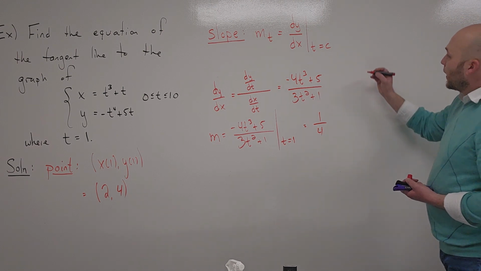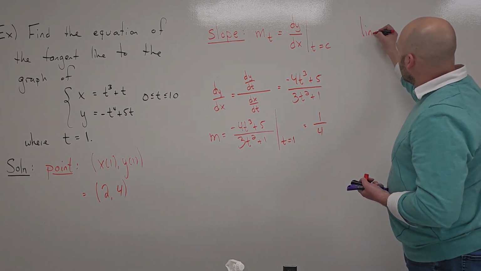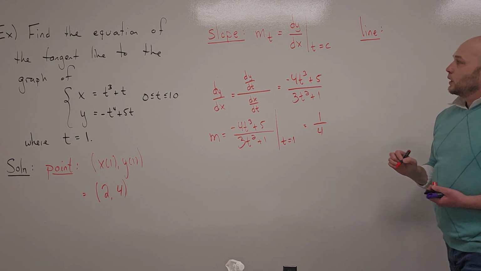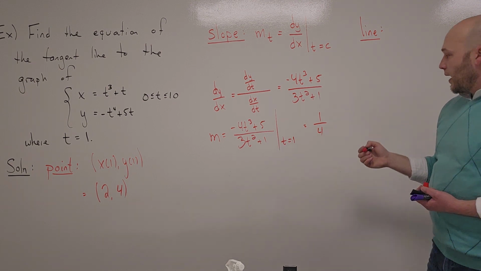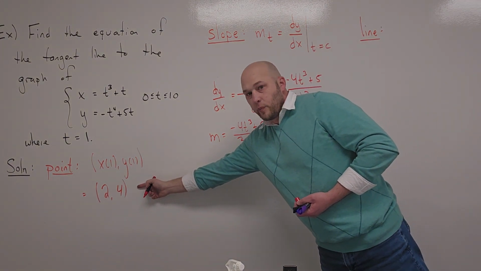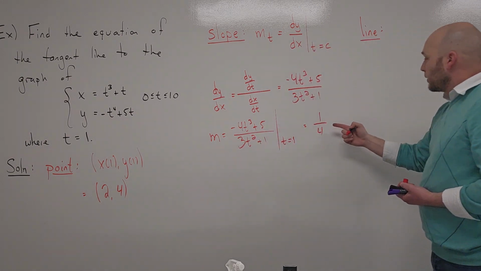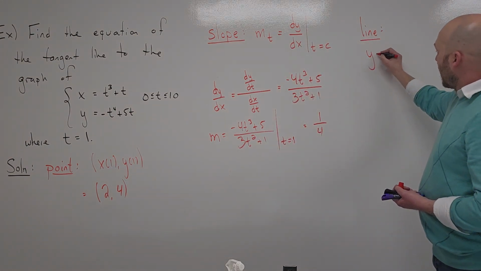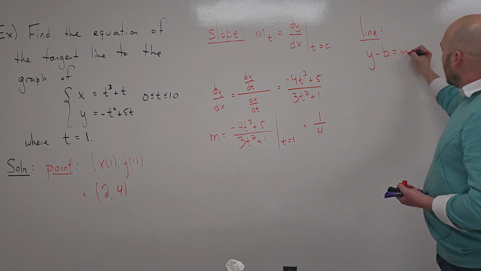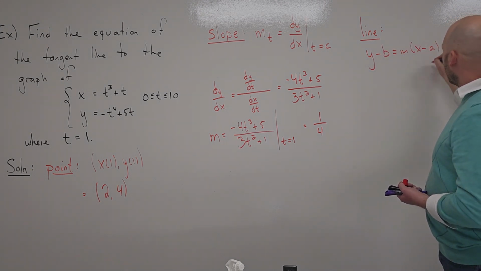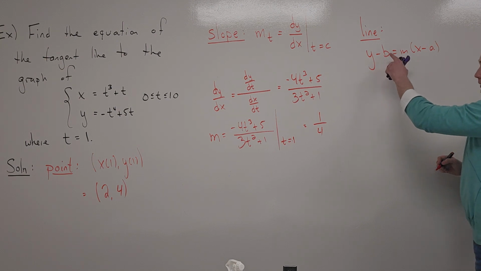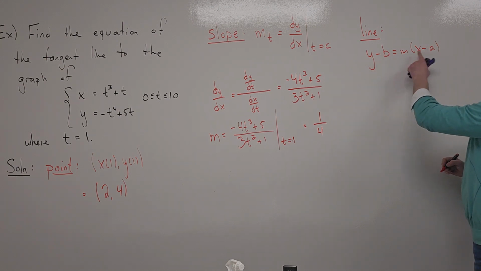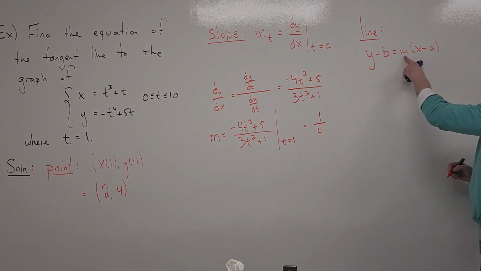Okay. And then finally, we find the equation of the line. And what do we have here? I've got an arbitrary point on the line, and I've got the slope of the line, so therefore we use point slope form. So y minus b equals m times x minus a, where again, this is the y-coordinate, this is the x-coordinate, this is our slope.